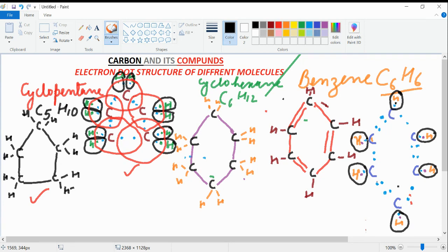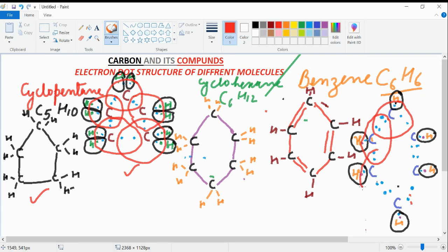And now we will complete the electrons of carbon. Look carefully. 2, 4 and 4, 8. 4 and 2, 6 and 2, 8.